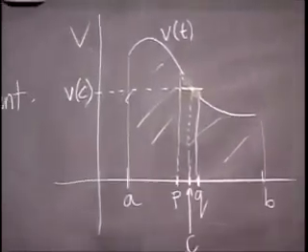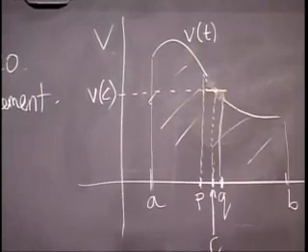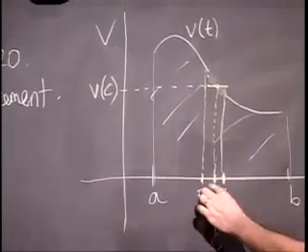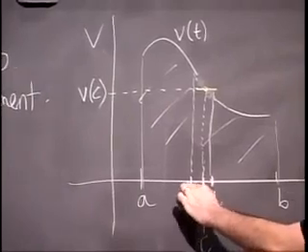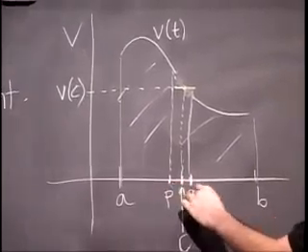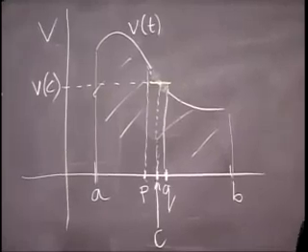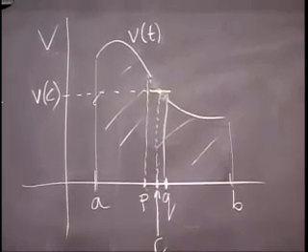That's not going to be too bad, especially if P and Q are close. It doesn't really matter which c you use. You could use any time between P and Q, including P or Q themselves. That would still give us a reasonable approximation.